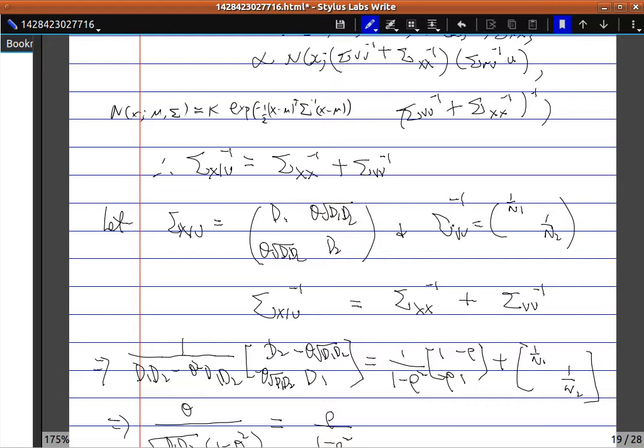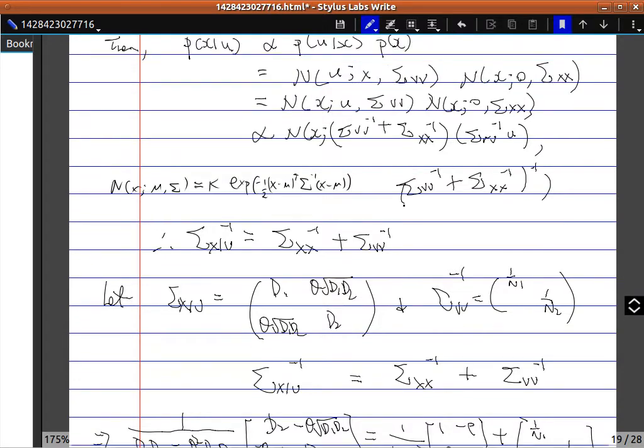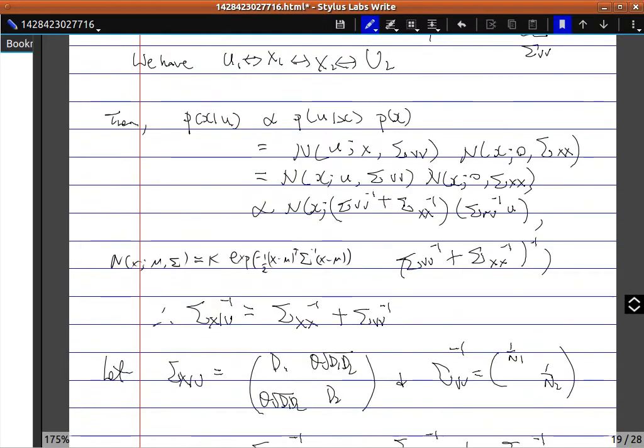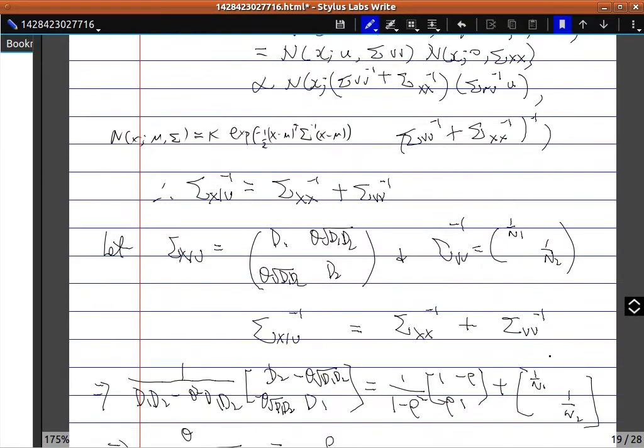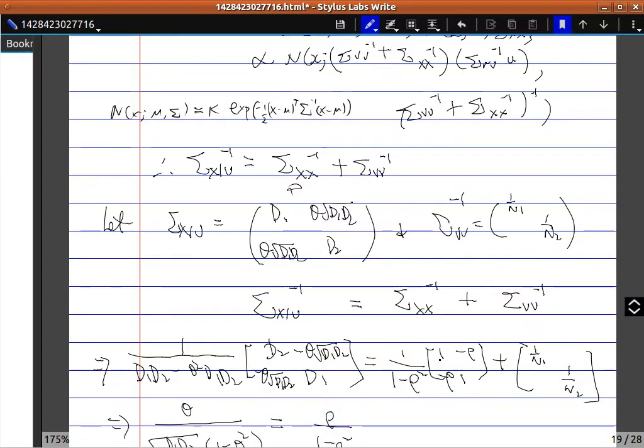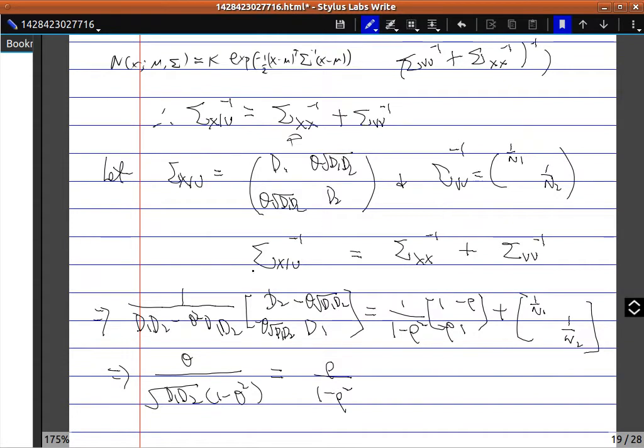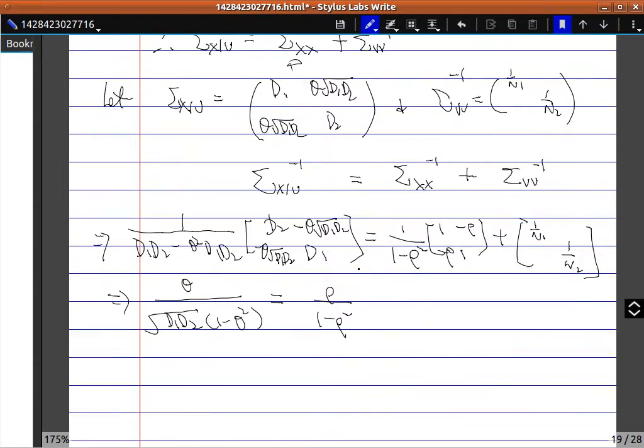And then sigma VV is diagonal, so therefore the inverse is just 1 over n1 and 1 over n2. It's also a diagonal matrix. Then we can substitute everything into here, and we know how to find the inverse. It's pretty simple for a 2 by 2 matrix.